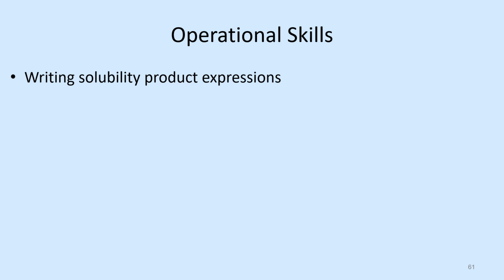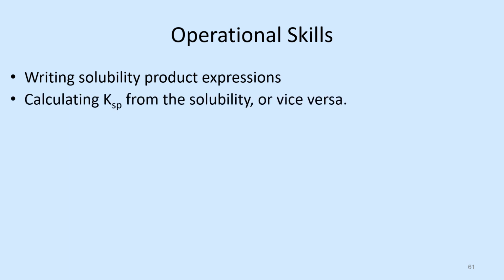So that's the end of this chapter. And what should you be able to do in this chapter? Probably those last analytical, the qualitative analysis won't be on the test, but it is really important information for a lab. So that's why I included it. So you should be able to write the solubility product expressions. You should be able to calculate KSP if you know the solubility, or calculate the solubility if you know the KSP.